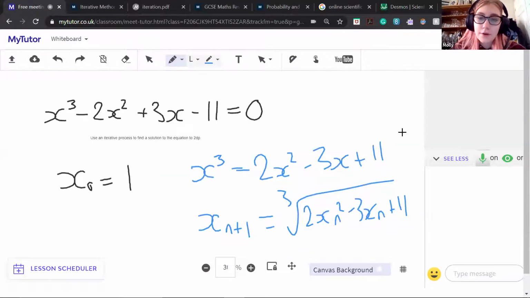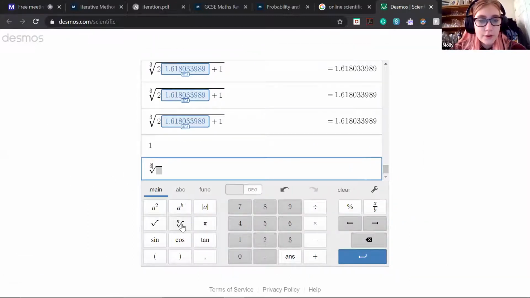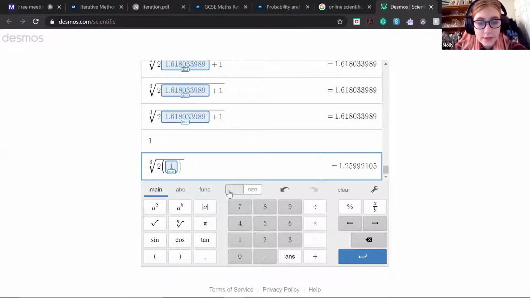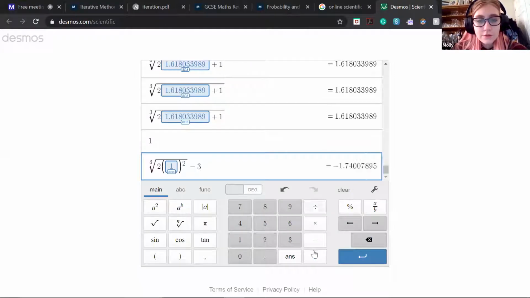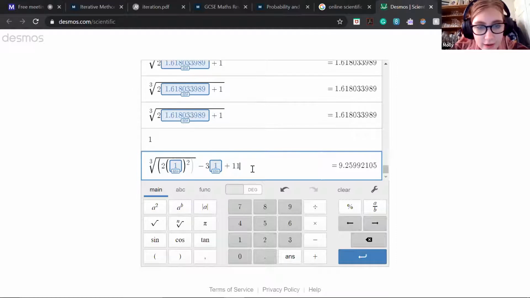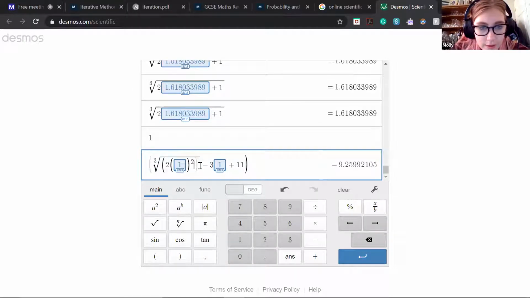And then we do cube root of 2 lots of the answer squared, minus 3 lots of the answer, plus 11. And you've got to make sure that all of this is under the cube root.